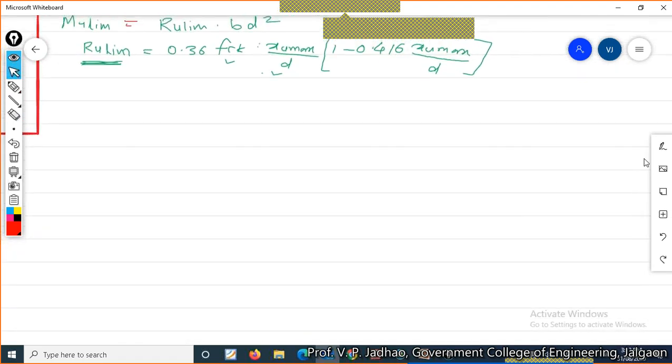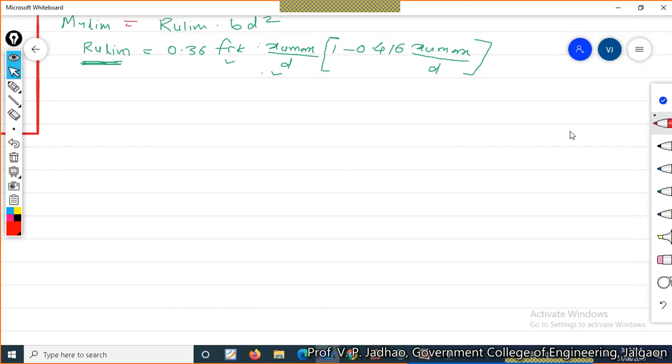Okay, so we have this value Ru limiting is equal to 0.36 fck into xu max upon d, multiplied by 1 minus 0.416 xu max upon d.